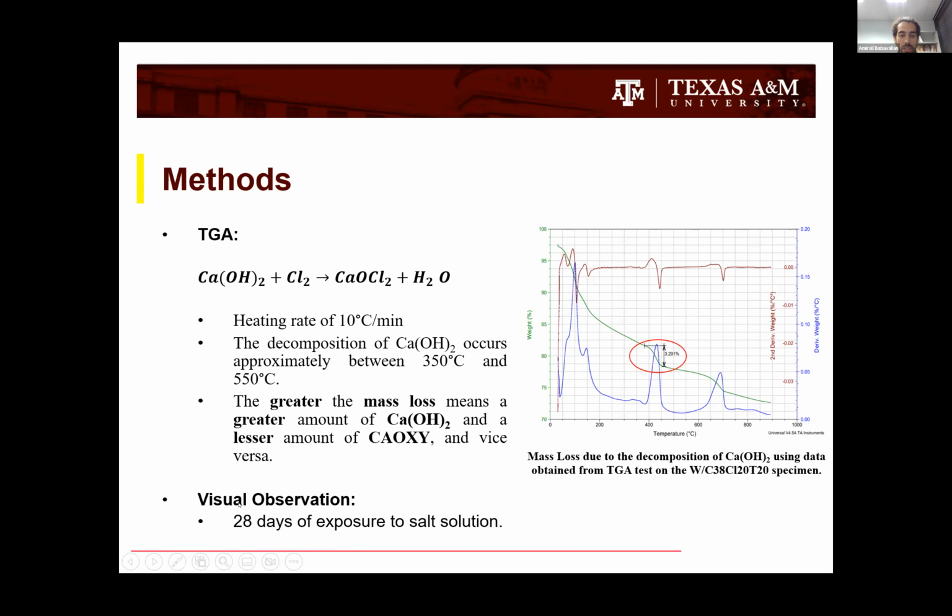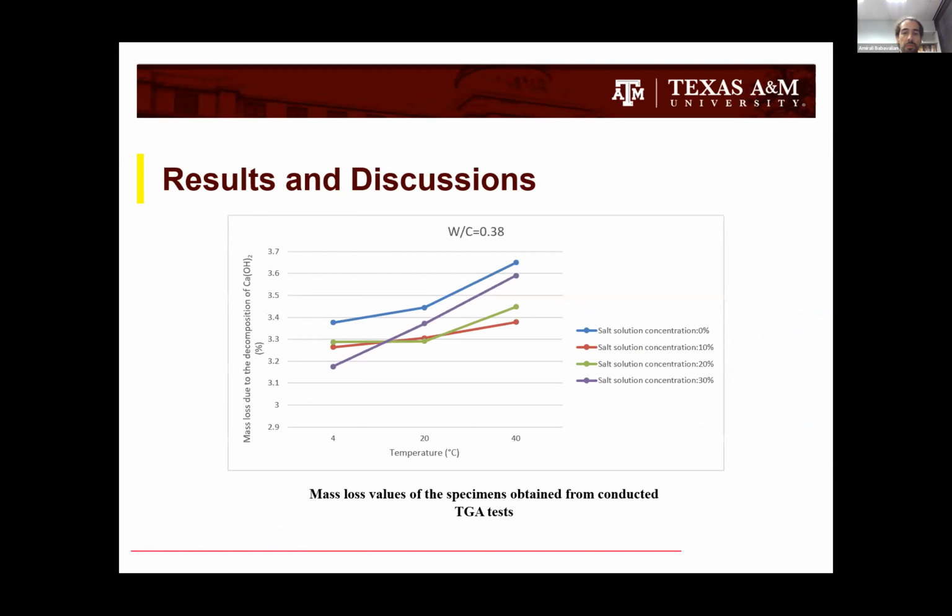And as I've mentioned, the visual observation was conducted after 28 days of exposure to salt solution. Here in this graph, you can see the amount of the mass loss of the specimens obtained from TGA tests on different samples exposed to different salt solutions with the same water to cement ratio of 0.38.